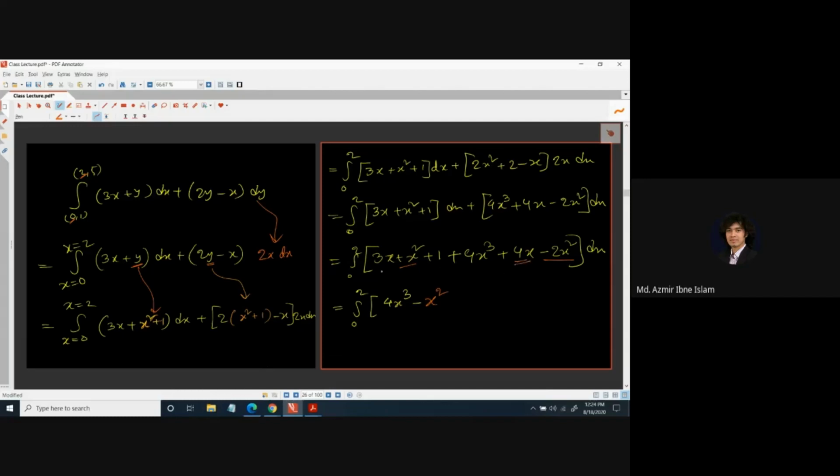Now we have 4x plus 3x, so plus 7x, and we have 1. So finally, we have one function, 4x cubed negative x squared plus 7x plus 1, that is coming from this big function. So it is looking very simple now.